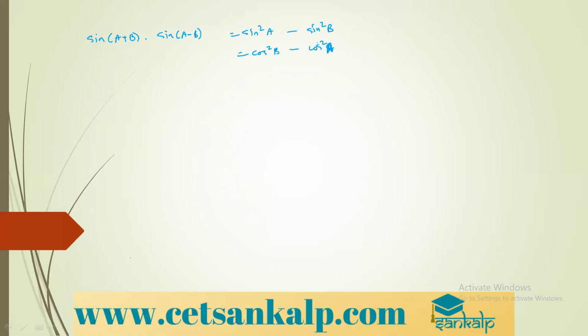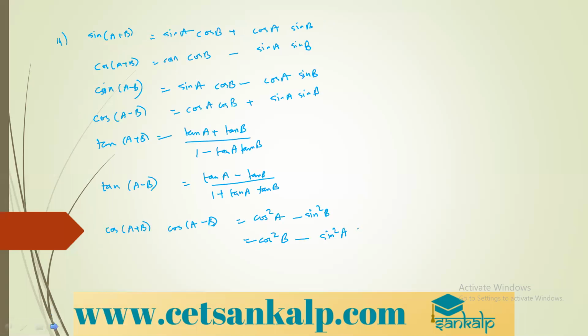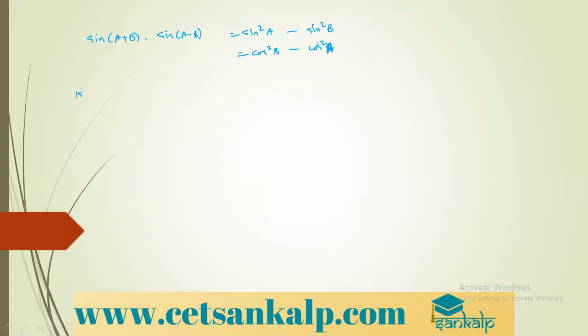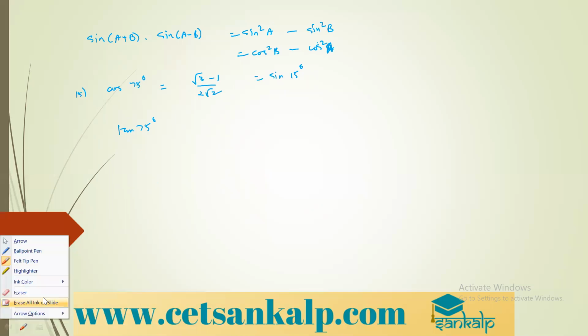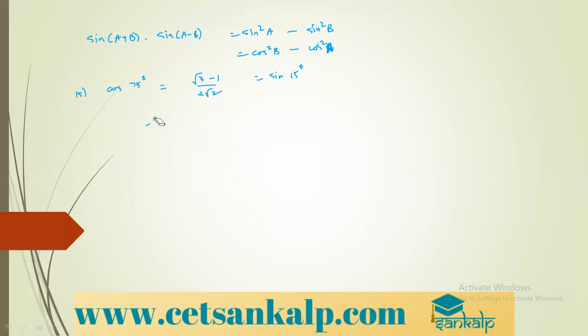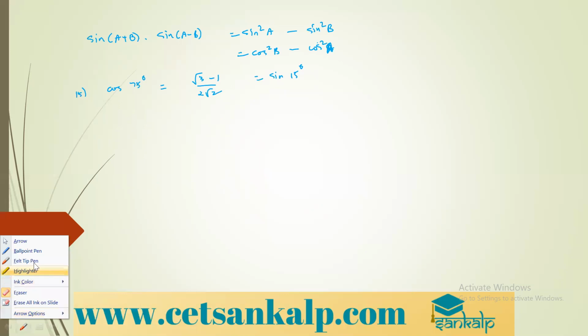Then next, there are some values which we can note down. Cos 75 degrees is root 3 minus 1 by 2 root 2, which is equal to sine 15 degrees.